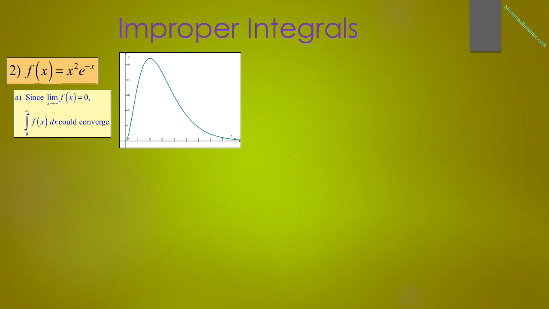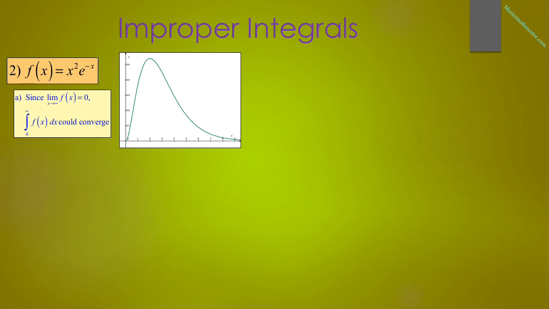In 2a, we're asked whether the integral from 0 to infinity of f of x dx could converge. In order to answer that, we take a look at the limit of f of x as x approaches infinity, and we find it's equal to 0.